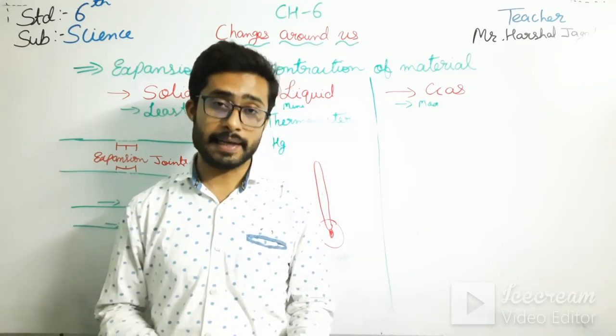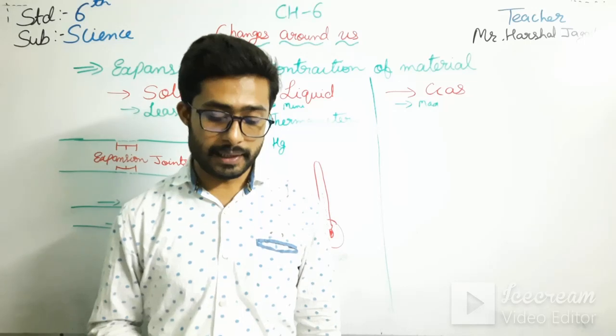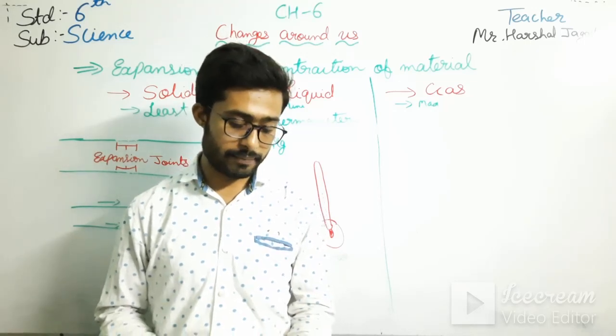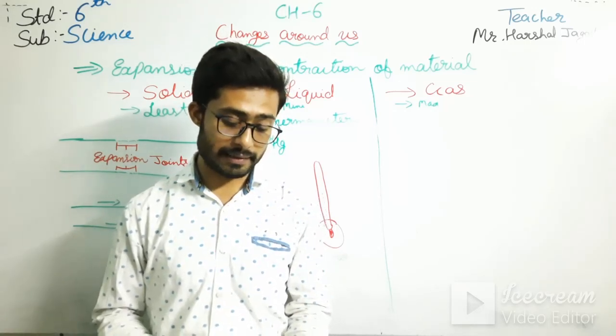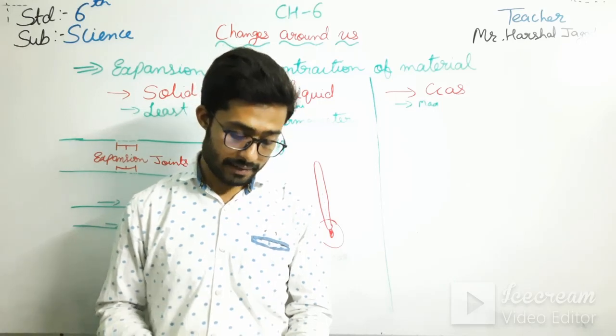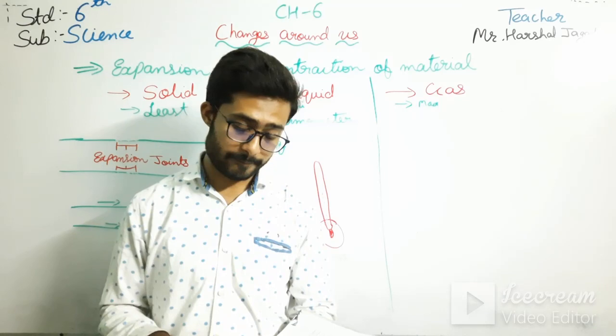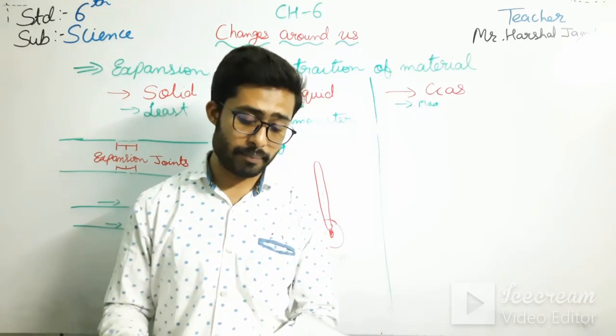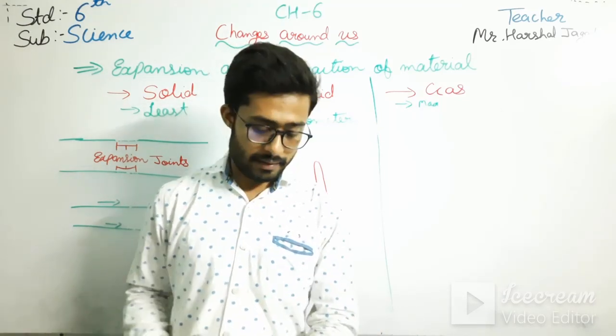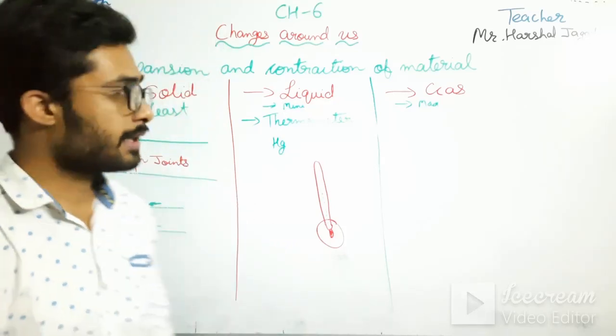solid, liquid, and gases contract on cooling. The amount of contraction is maximum in gases, less in liquid, and is least in solid. Okay, here we have just completed this chapter and there is an activity.